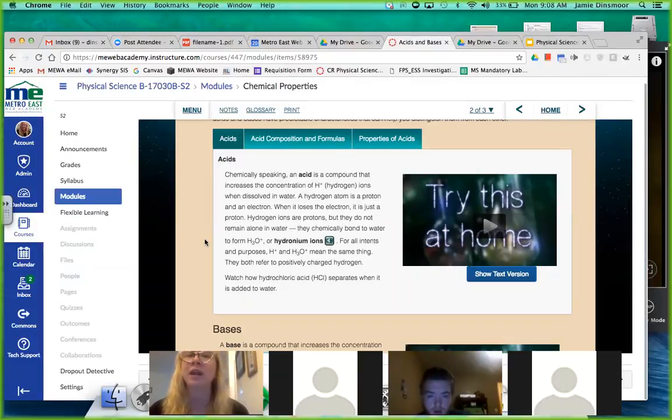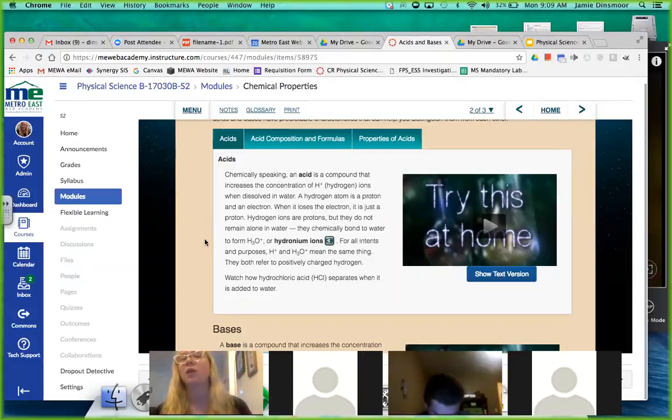When it loses the electron, it is just a proton. Hydrogen ions are protons, but they do not remain alone in water. They chemically bond to water to form H3O+ or hydronium ions. For all intents and purposes, H+ and H3O+ mean the same thing. They both refer to positively charged hydrogen.